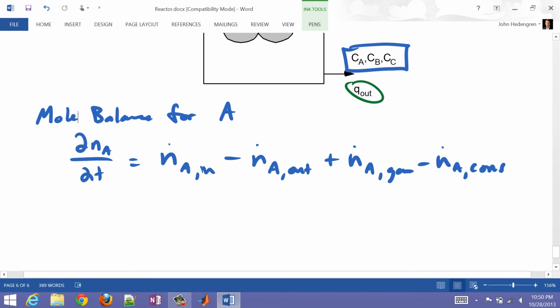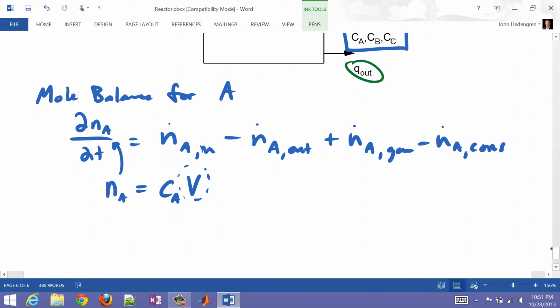Now we're going to take this and start filling in some of our terms. We know that we want this in terms of concentration, so we have our concentration times volume. Now this is going to be constant, so when we plug this in here, the volume can just come out front.